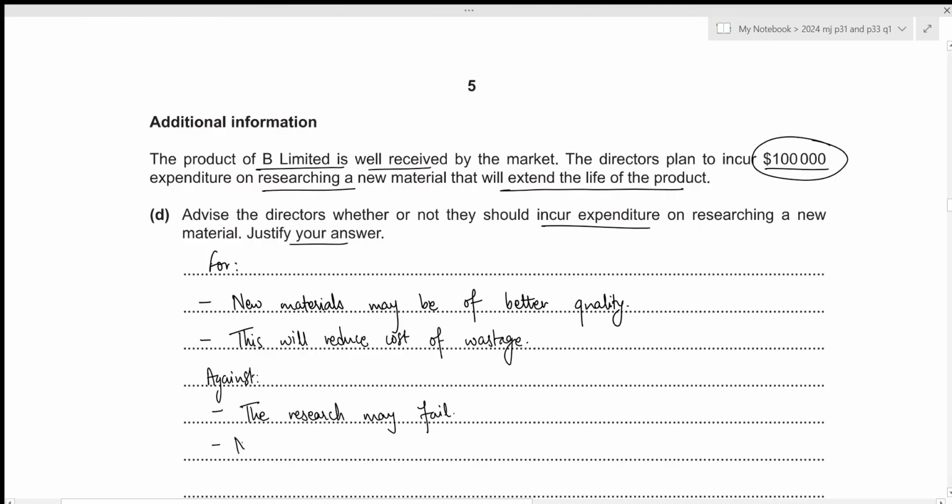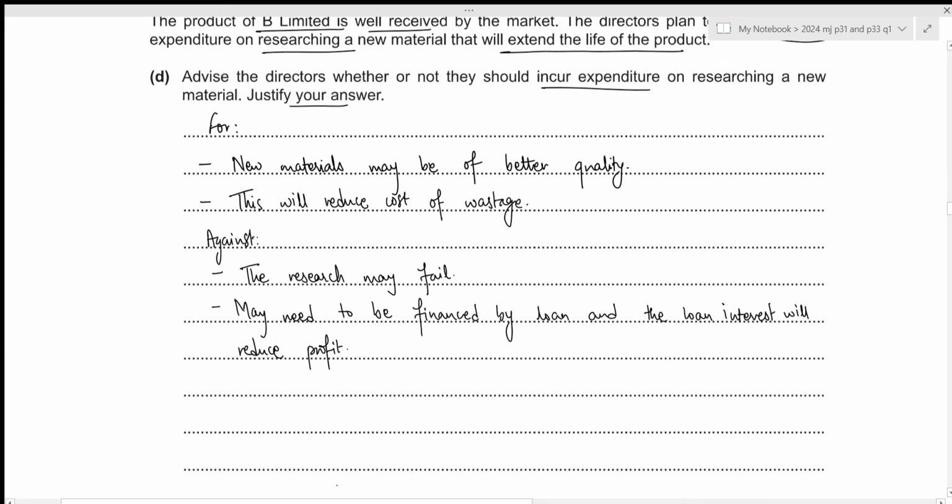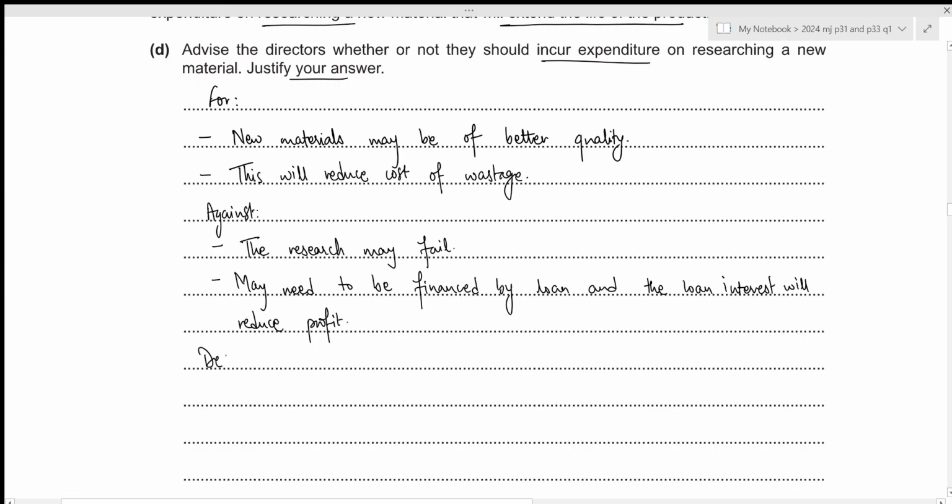Let's write it down. May need to be financed by loan. And the loan interest will reduce profit.